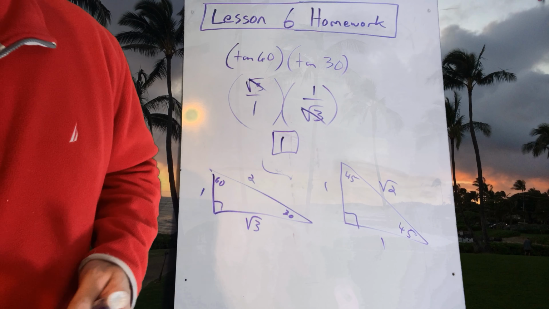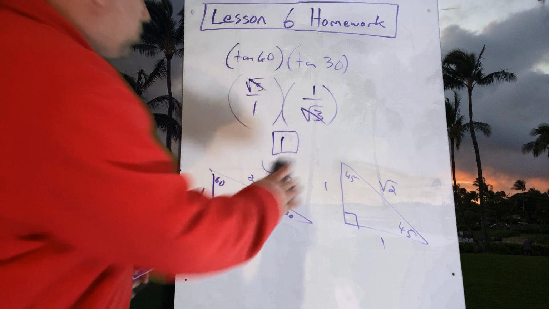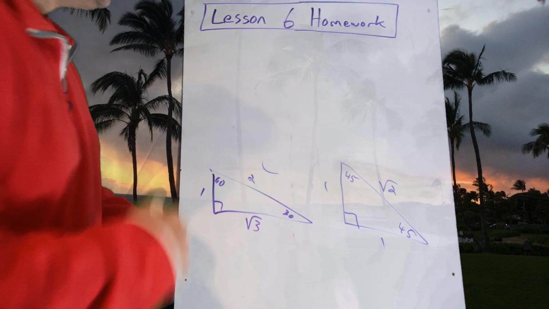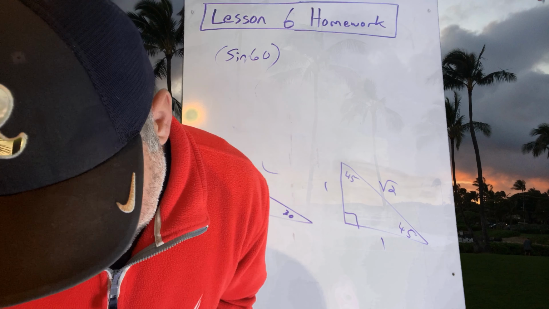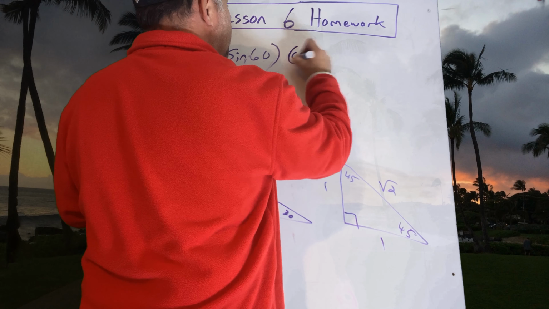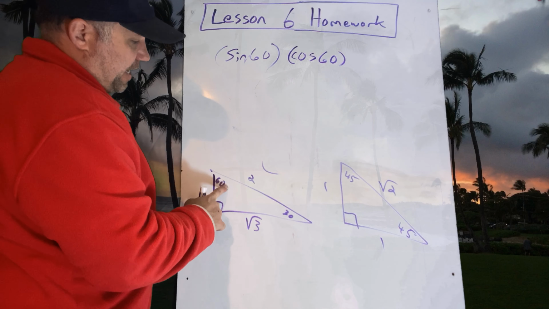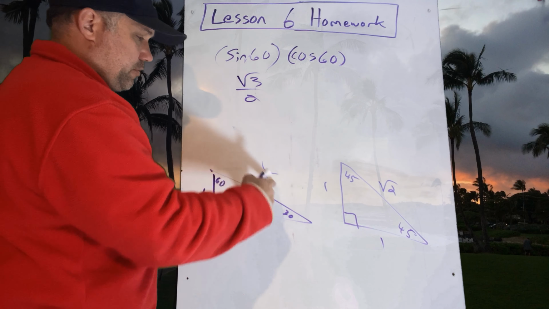Last one, number 13, sine of 60 times the cosine of 60. Let's do that one. Sine 60, I think I read that right. Yes, times the cosine of 60. All right, so we go over here to 60 degrees. The sine of 60 is radical 3 over 2, opposite over hypotenuse.